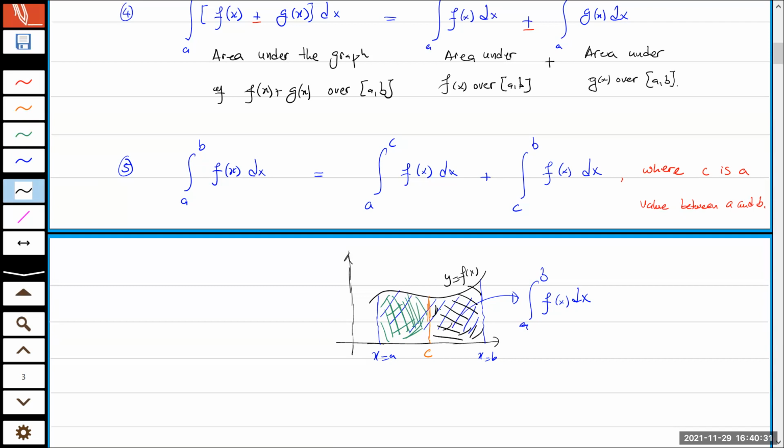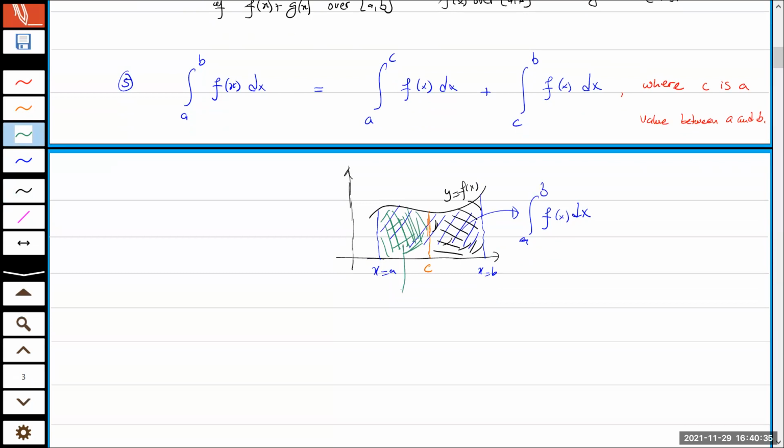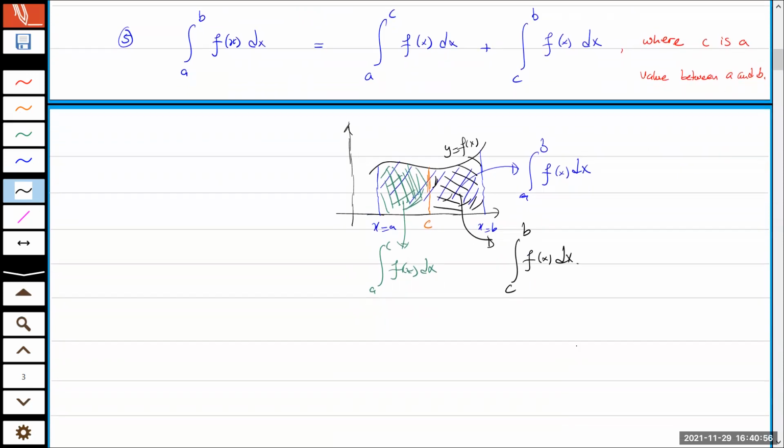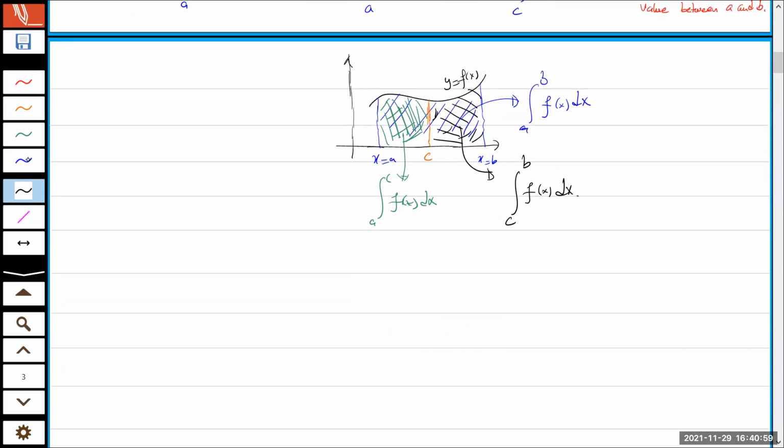It's the same as the area in blue that we did in the first place. So this would be a to c, f of x dx. And this guy here, this is c to b, f of x dx. But c has to be between a and b. Then we can split it like this.